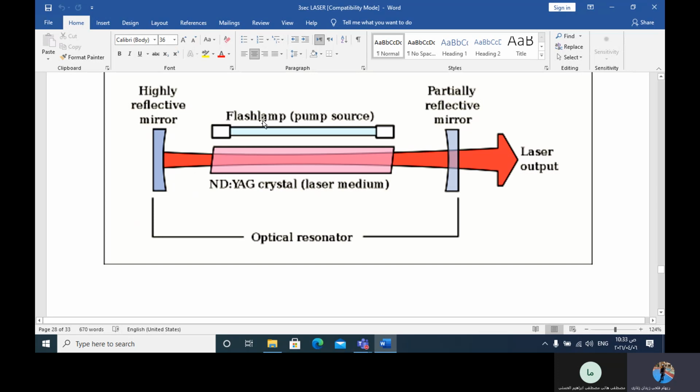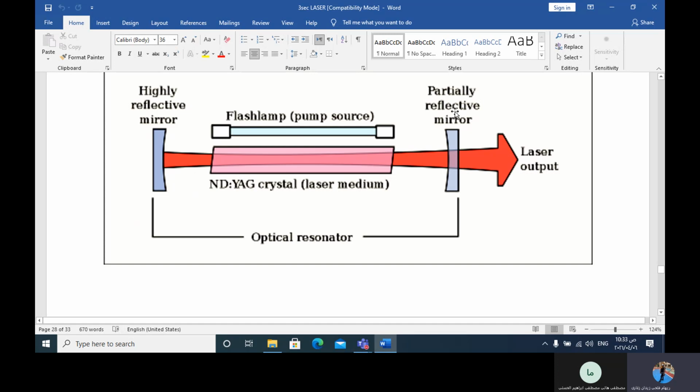In this case, I used a flash lamp as the source of energy. This is the lasing material, which could be a crystal, and here is the flash lamp. This is what will cause the energy to go inside and excite the atoms.